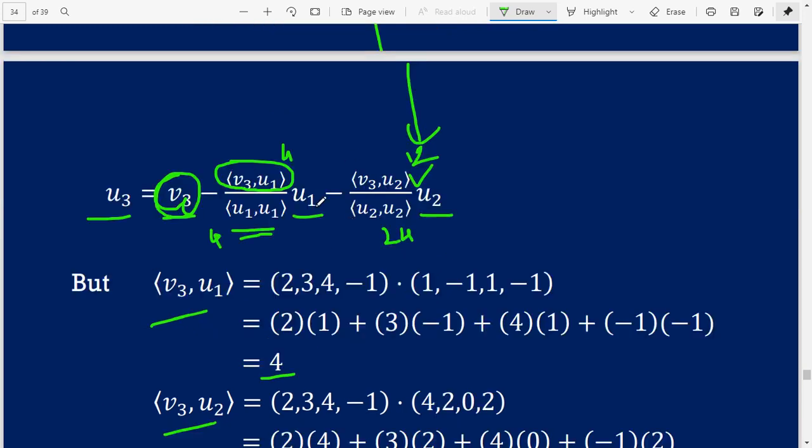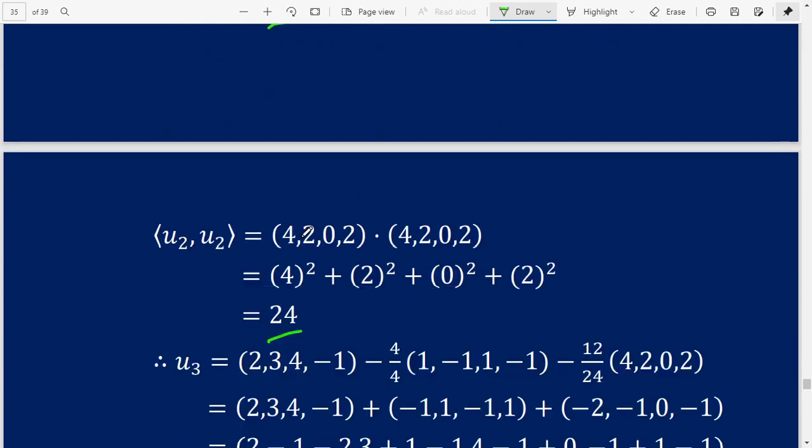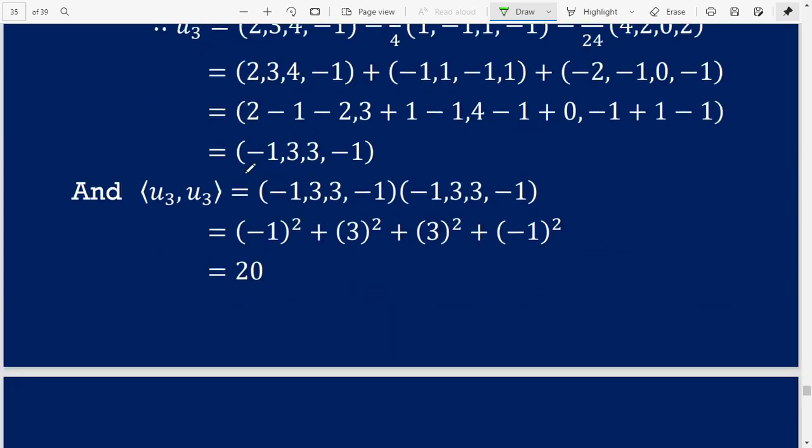Put all these values in this equation, we get U3, and U3 is equal to minus 1, 3, 3, minus 1, and inner product U3 with U2 is equal to 20.